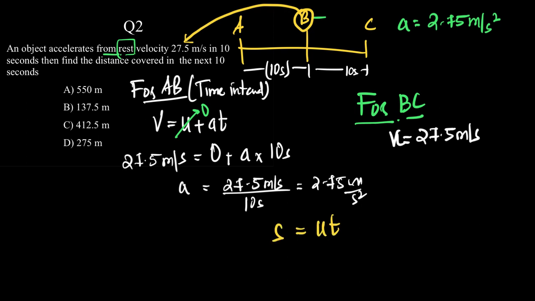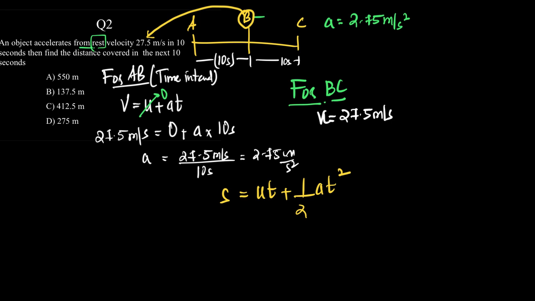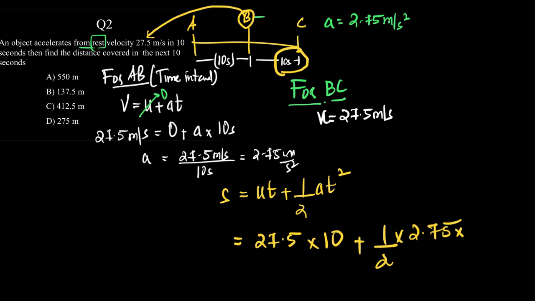It would be S is equal to ut plus half a t square. What is u? U is 27.5 meter per second into what is time. The next time interval for BC is again 10 seconds, so that becomes into 10 plus half into what is acceleration? Acceleration is 2.75, and t square is 10 square.